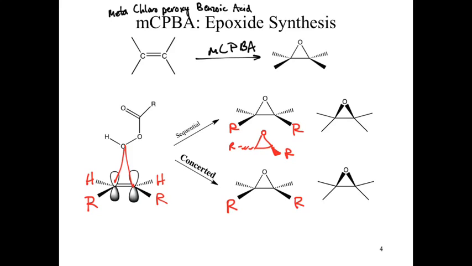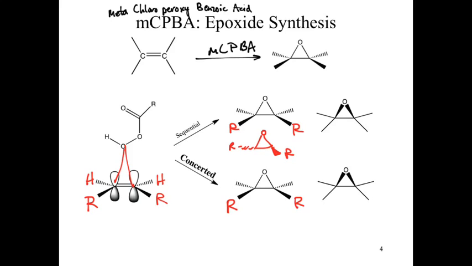If we form both those bonds, we've locked our ring structure, and we now can't do any rotation about that bond, which means we only end up with one possible orientation. Okay? And those R groups would have to be on the same side of that ring structure. And so that's really what our epoxide reaction is looking at.